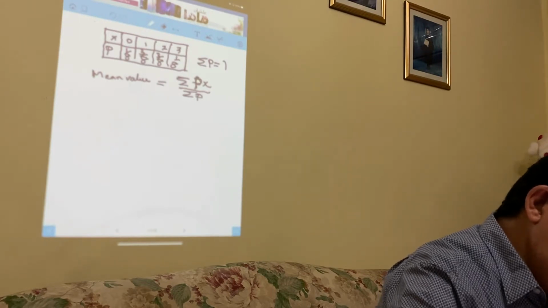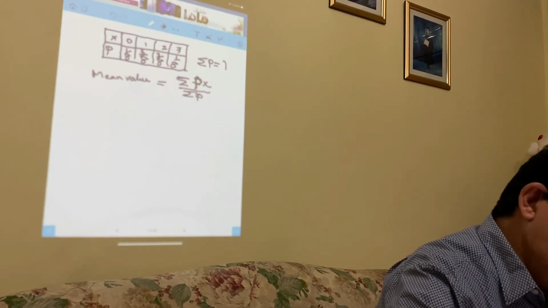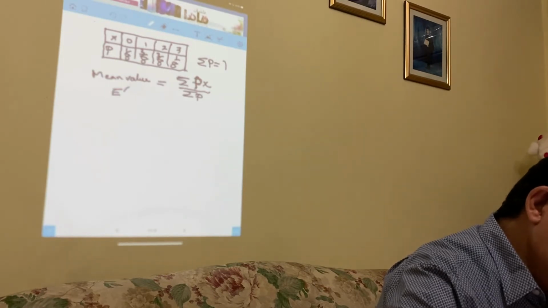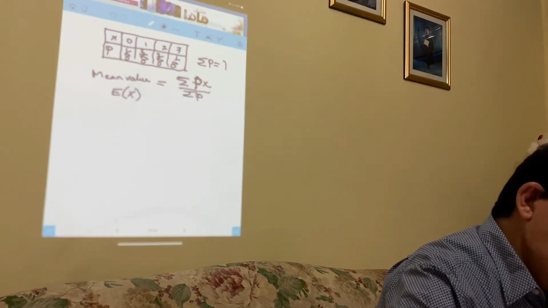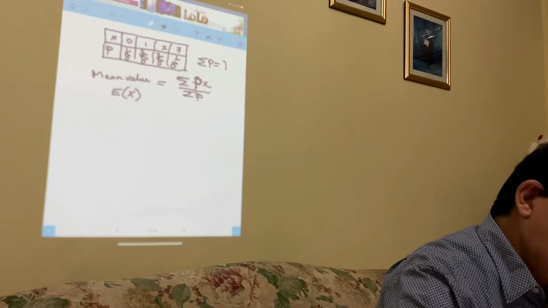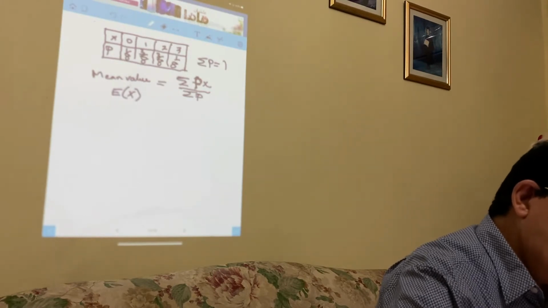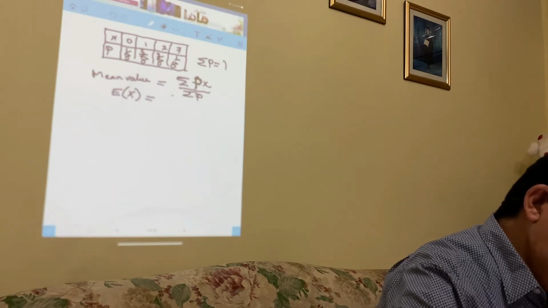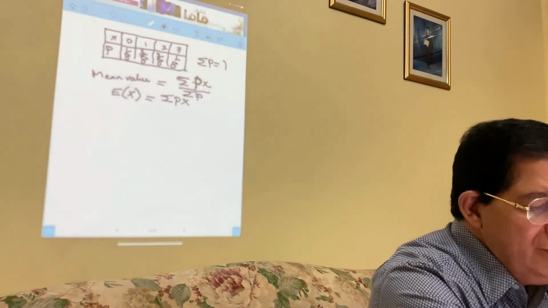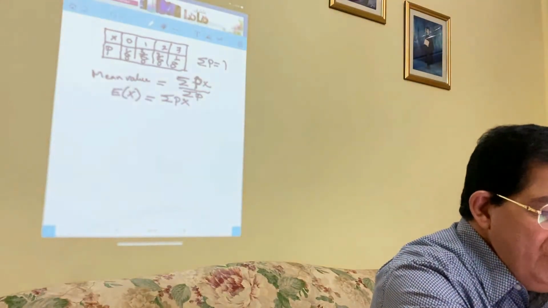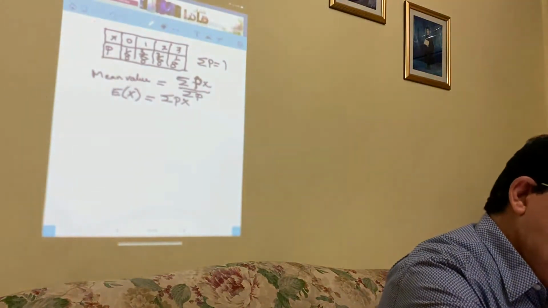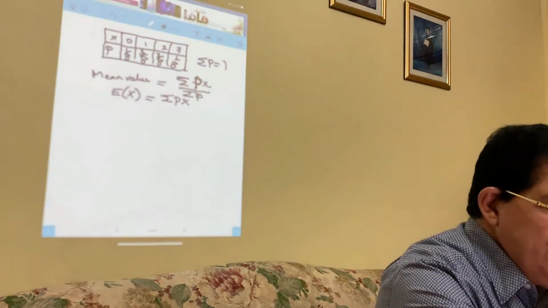We call the mean value the expectation. So the expectation of x, or the expected value, is sigma px.